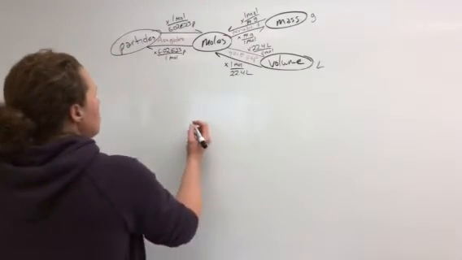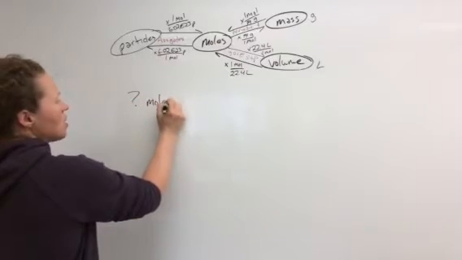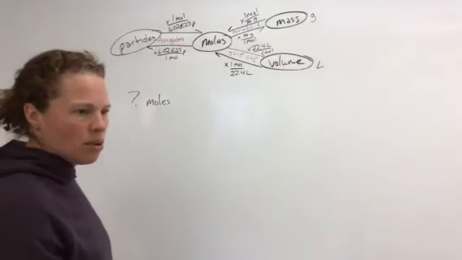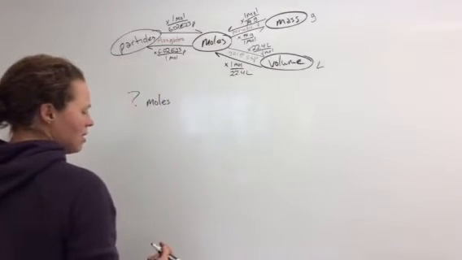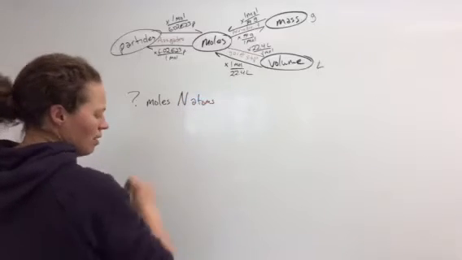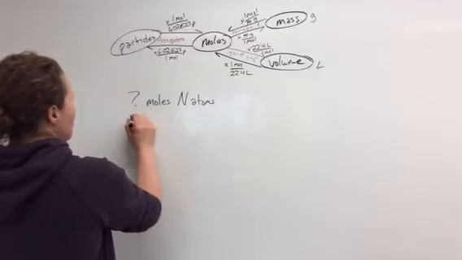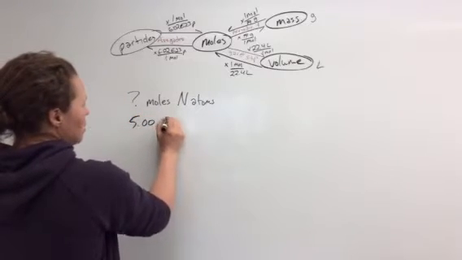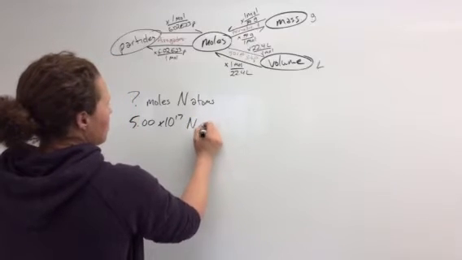So we start off like in a chemistry or a physics question where we're writing down what we want. They want the moles, so I put question mark moles. And it's nitrogen atoms, I could even specify that. And then it tells me that I am given 5.00 times 10 to the 17th nitrogen atoms.